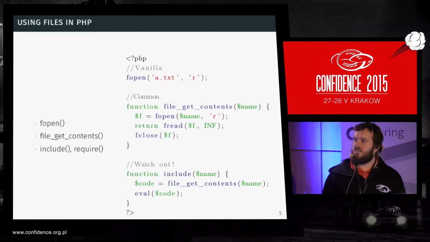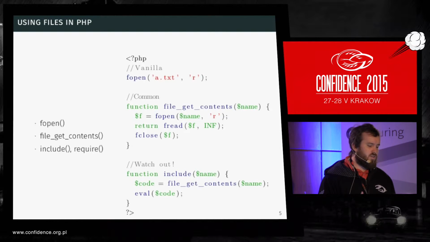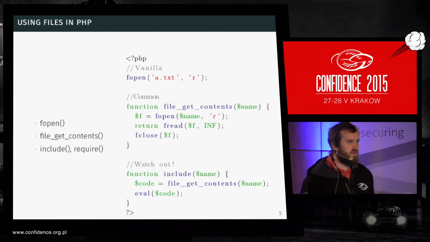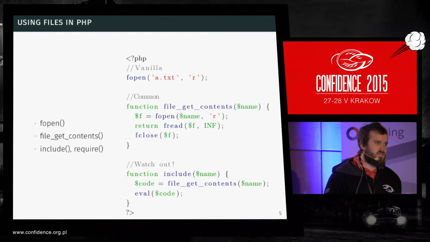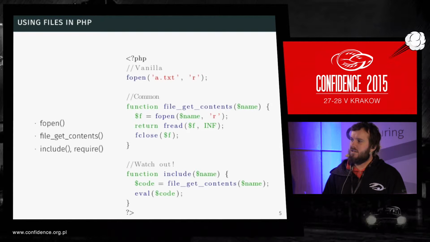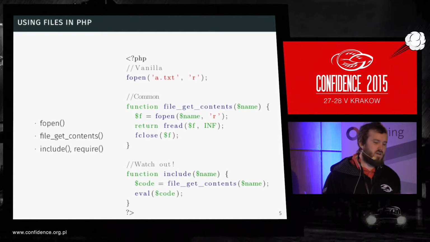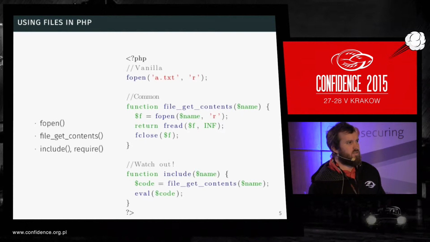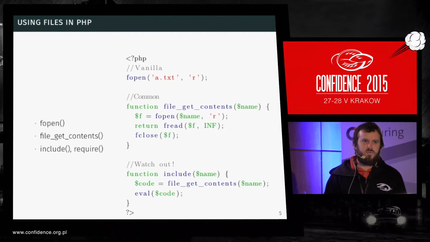Maybe sometimes that's used for serving up images that you need to add certain headers to and stuff like that. The other thing you do with files in PHP is the include and require function, which is the way you modularize your programs in PHP. And that's a good thing. You want to do that.